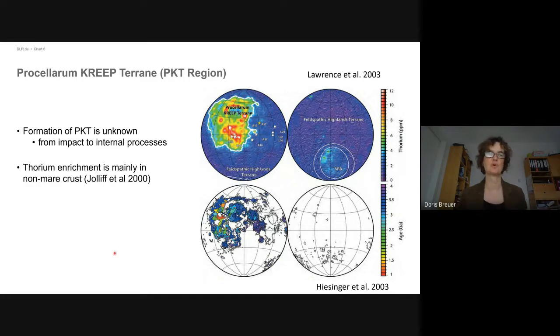You have to go much more into detail. But obviously, it's not the volcanism itself that brings the radioactive elements into the crust. And one thing to mention here: the origin of the Pikati is highly debated, and there is no general consensus at the moment. But I will come back to that point later.